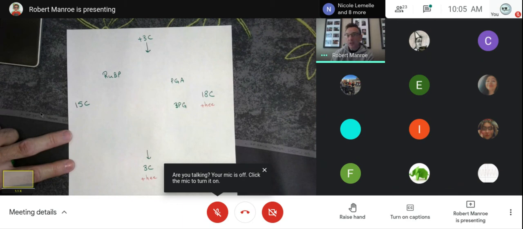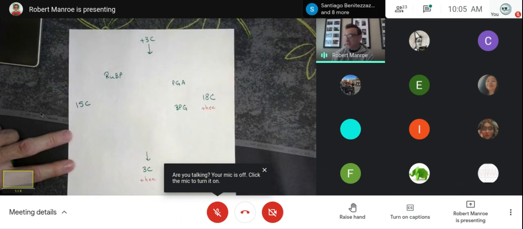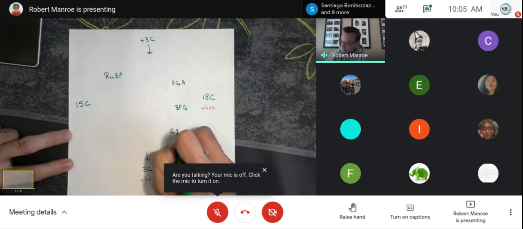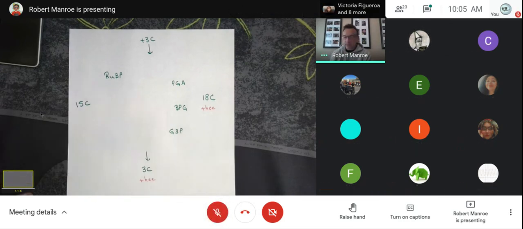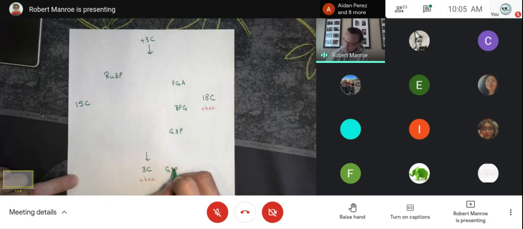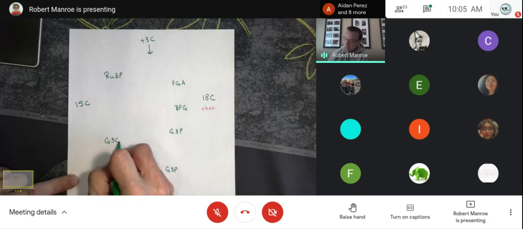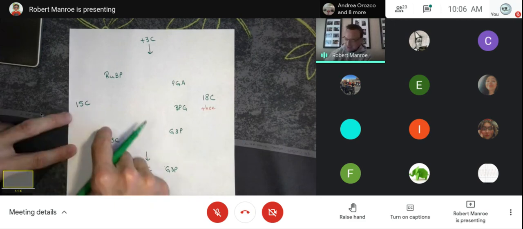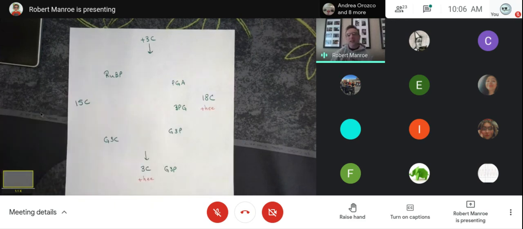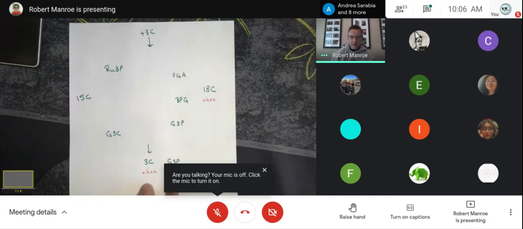You then add the high energy electrons, and that makes G3P. One of the G3P then leaves. That leaves you with fewer G3P. And then some chemistry magic happens, and this is reconverted into RuBP.